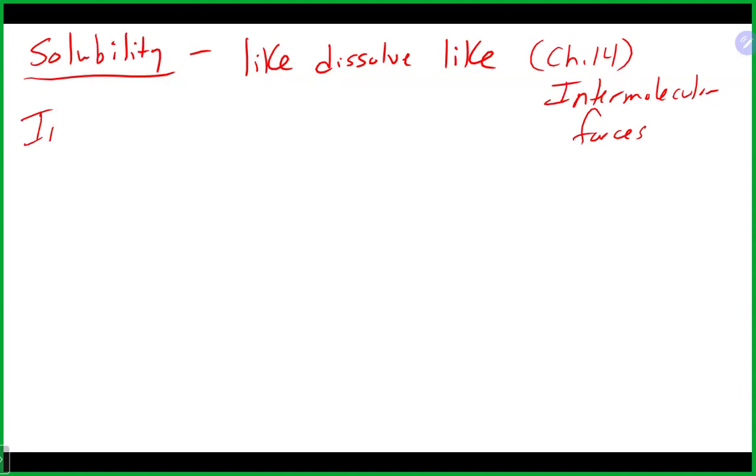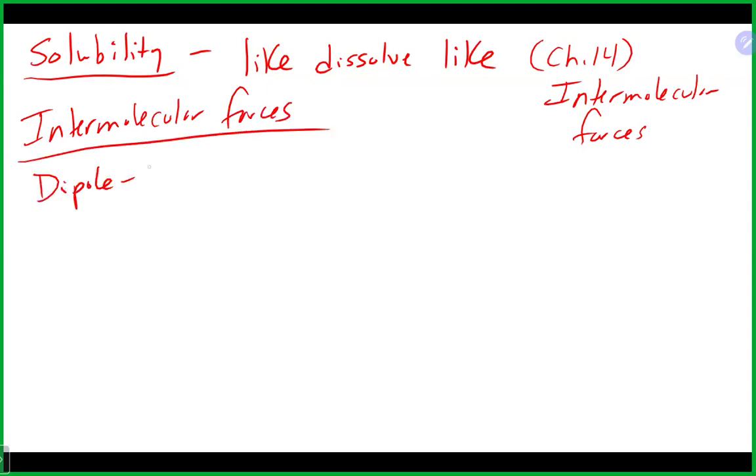We have dipole interaction, and this is basically the main intermolecular force for polar molecules that cannot hydrogen bond.